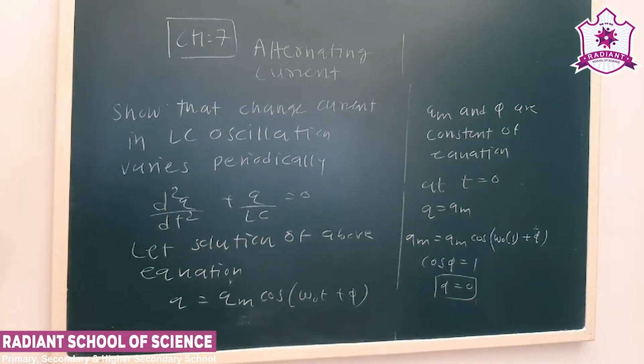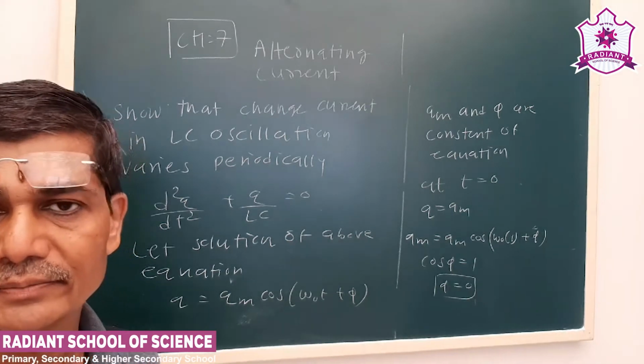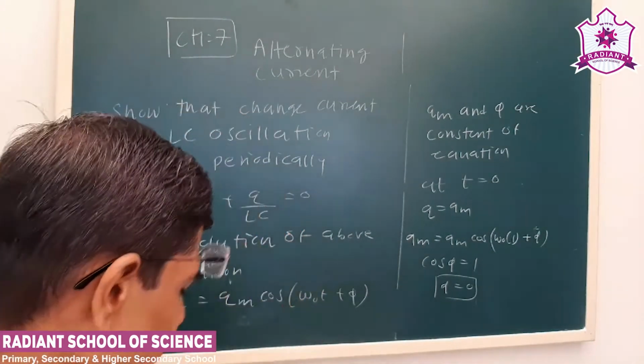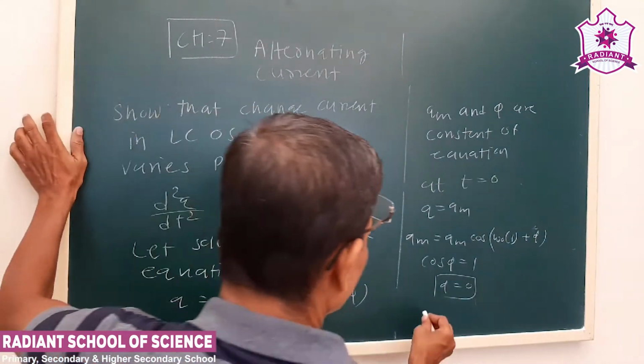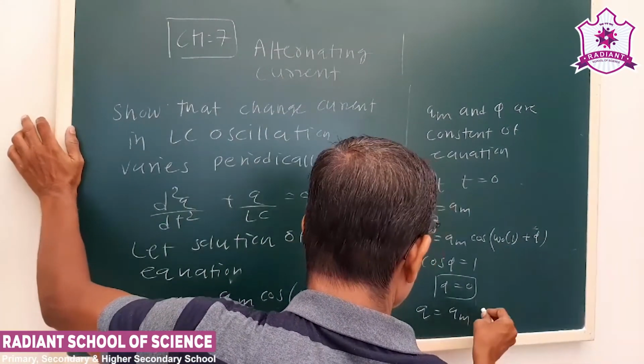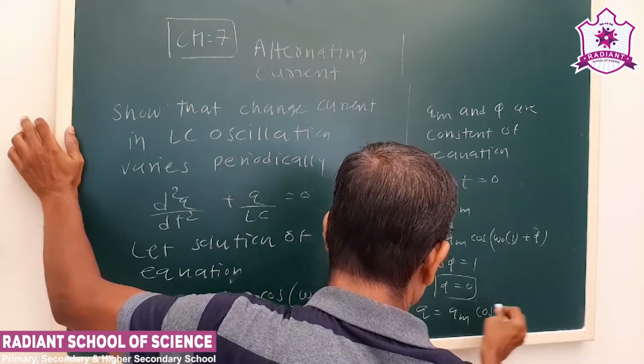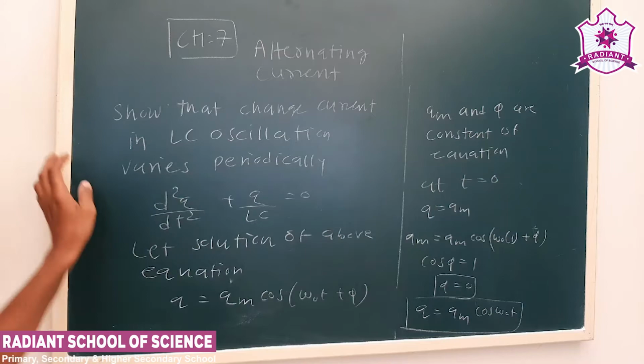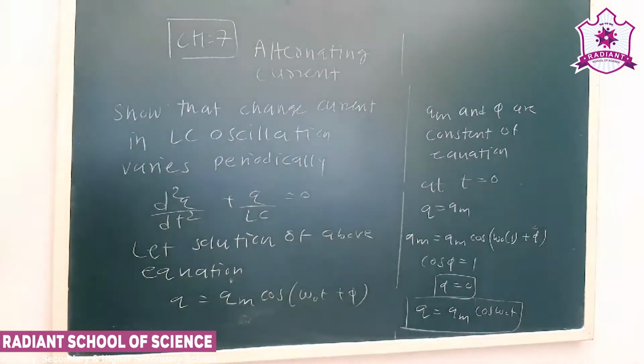Since qm is the maximum charge, the value of phi is 0. So our equation will become q is equal to qm cos omega 0 t. So here what we see is that the charge is a periodic function, since cos omega 0 t is a periodic function.